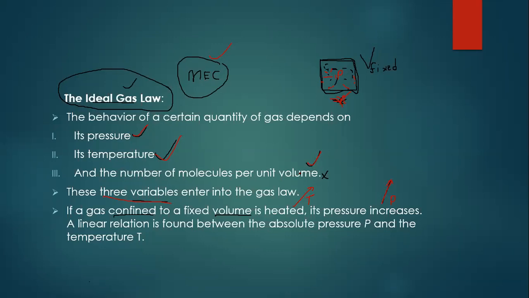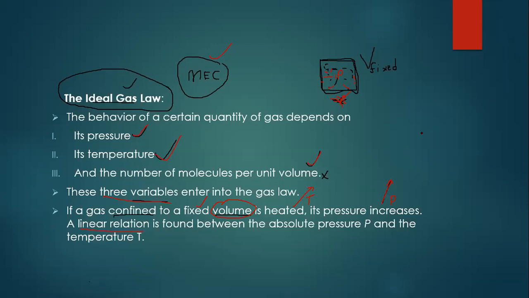So to talk about these variables efficiently and effectively, let us try and eliminate one variable at a time. So in the first premise, we have removed volume out of the equation because we have said we want to talk about fixed volume. So when we have fixed volume, we introduce heat, we increase the temperature, we expect the pressure to increase. And this increase is linear, it's a linear relationship.